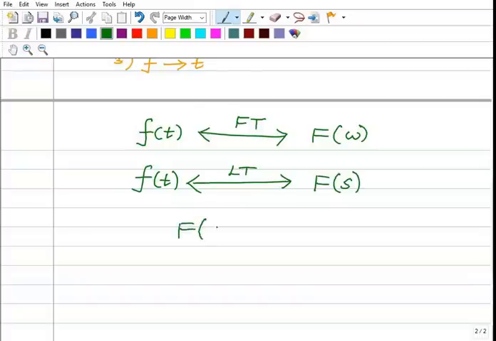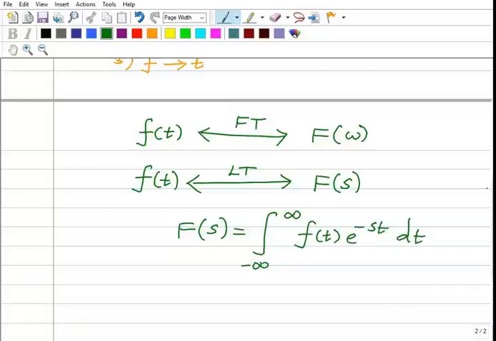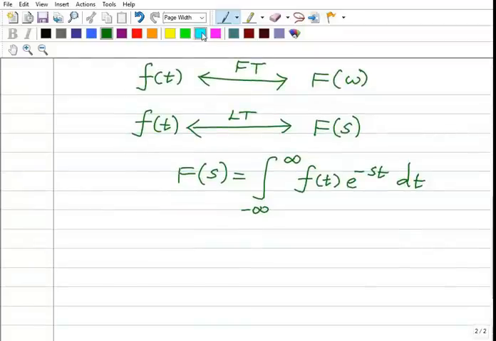F of s is the integral from minus infinity to infinity of f of t e power minus st dt. What is the nature of s? Is it real or complex? s is complex. We represent s as sigma plus j omega.